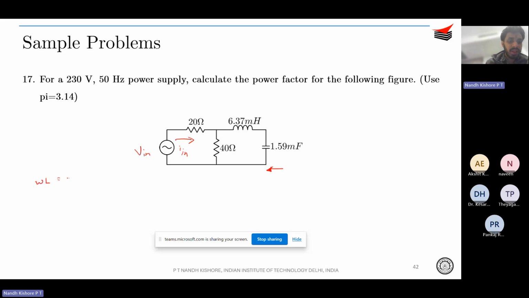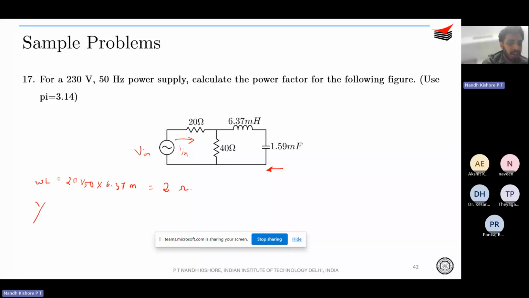Your omega L will be equal to 2 pi into 50 into 6.37 millihenry. So that will be somewhere around 2 ohms.